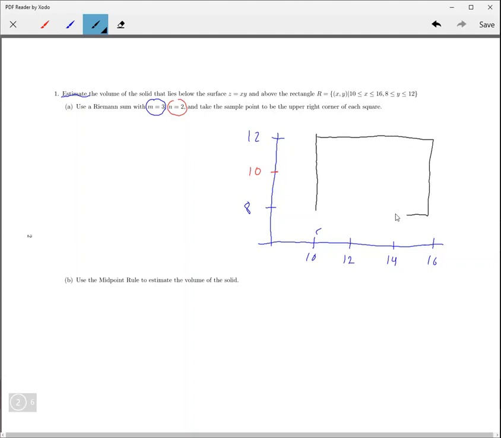Now this means we're going to be integrating over this box right here. Okay, so that's the x-axis, this is the y-axis. So integrating over this rectangle, you have 6 sub-rectangles.